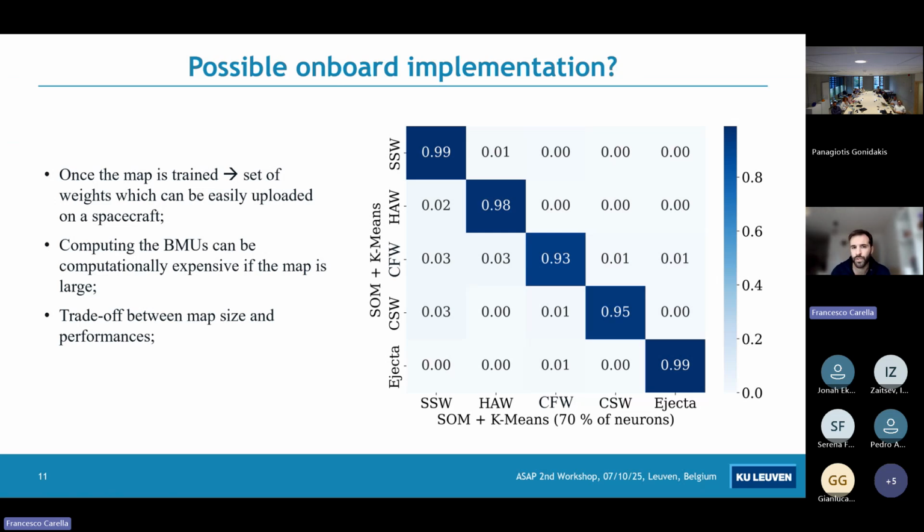So there is a field here where you can do an optimization over the number of neurons, and then find the most optimal map to be maybe uploaded on board. So you try to minimize the number of neurons, and you find a trade-off between performance and accuracy, let's say.